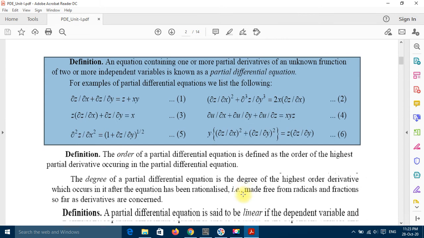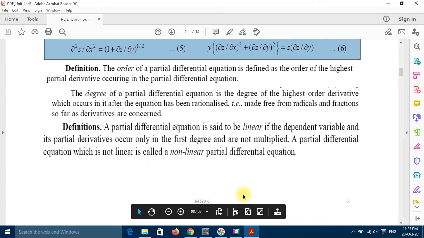Now we define linear partial differential equation.